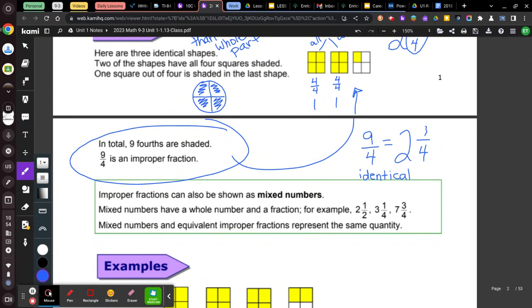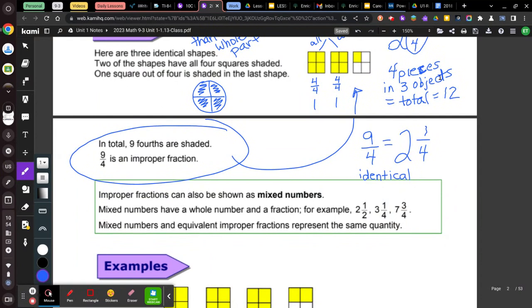How do we know that? Because there's 4 pieces in each of the 3 pizzas, so in the 3 objects. Well, that means I have a total of 12 pieces of pizza that I could be sharing with everyone, right?